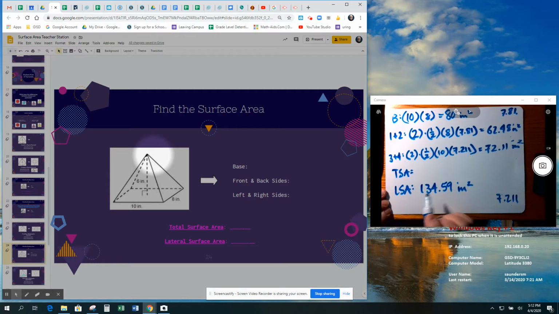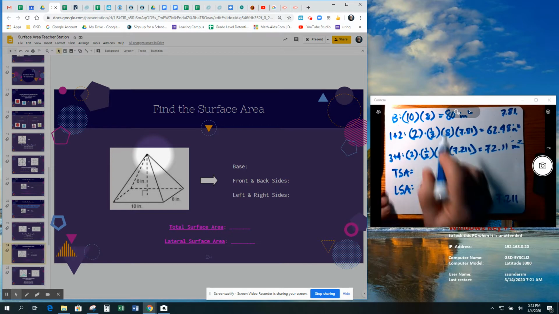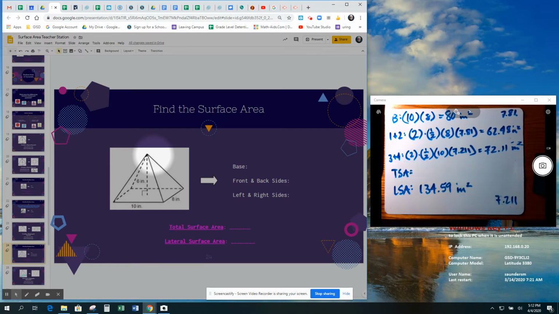And for my total surface area, I just add my base, which was 80 square inches. So plus 80 is 214.59 square inches total surface area.